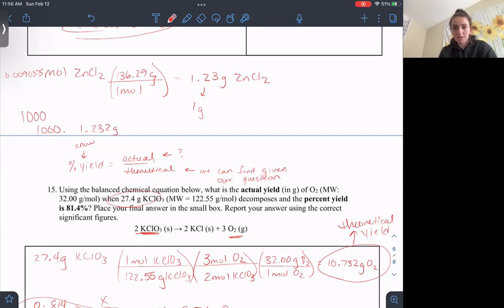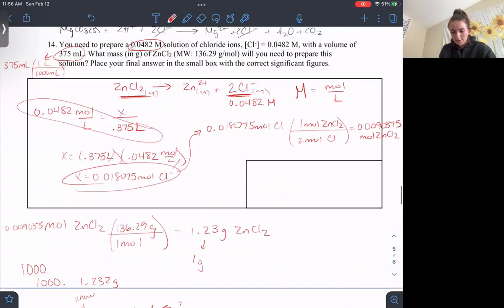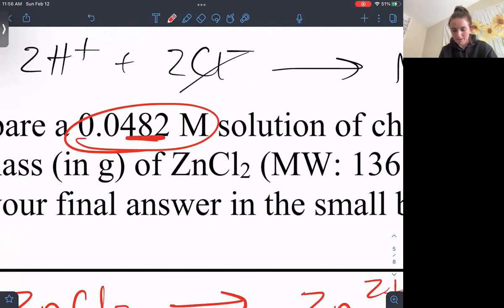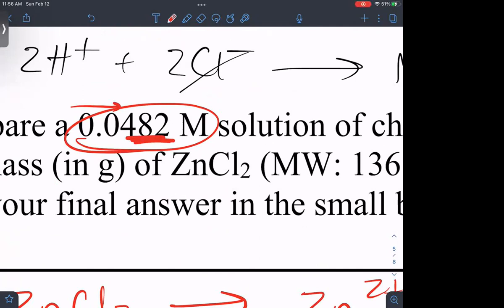Okay, any other questions? The 0 before the decimal does not count? Nope. So when we're looking at this one here, we only have 3 significant figures because our significant figures don't start until we get to our first non-zero number. What if there's a non-zero in front?